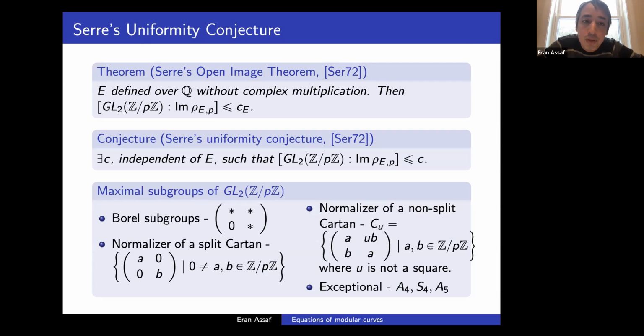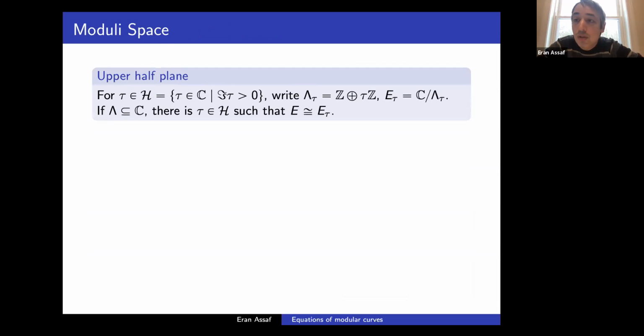Okay, so now, in order to consider all the elliptic curves whose image of the Galois representation is contained in a Borel subgroup or in the normalizer of a split Cartan, I have to introduce some notion of talking about all elliptic curves in a uniform way. And for that, we introduce the notion of a moduli space for these elliptic curves.